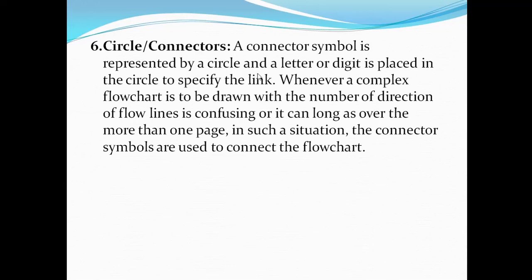A connector symbol is represented by a circle, and a letter or digit is placed in the circle to specify the link between the flowcharts. When a complex flowchart is to be drawn, and the flow lines are confusing or the flowchart is longer than one page, then we use these connectors to avoid the break of the flowchart.